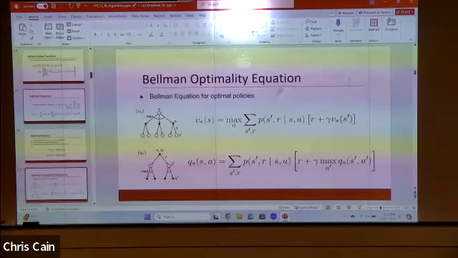We then applied the Bellman equation to this concept. So if we can find the optimal policy, then we can use the Bellman equation to find the value of all of the states, and all of these state action pairs, that tell us how good it is to be in any one of these states, given that we're already following the optimal policy.